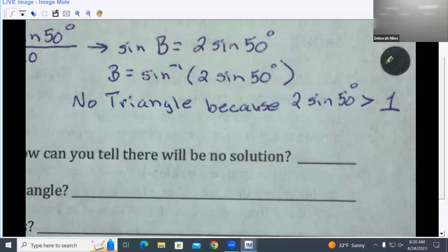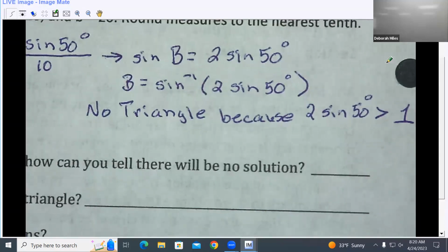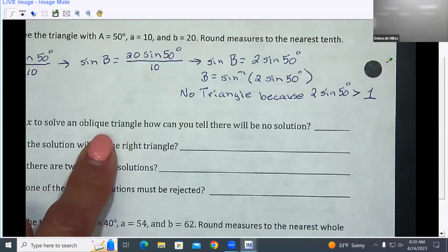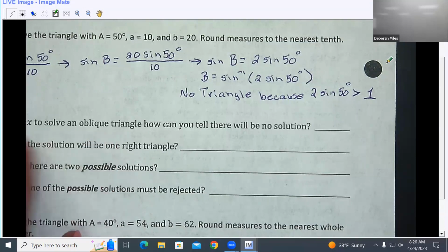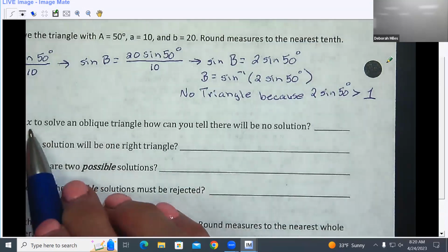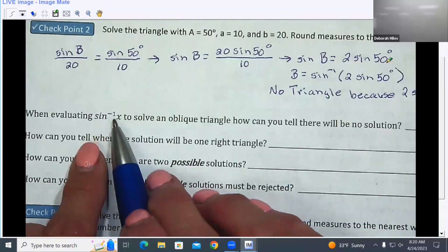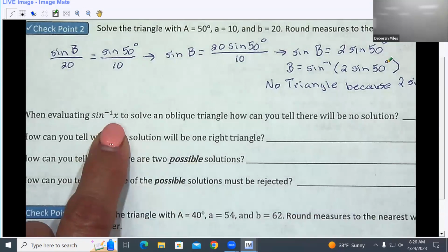So when you're evaluating inverse sine to solve an oblique triangle, how can you tell that there's not going to be a solution? Your x is either greater than 1 or less than -1.